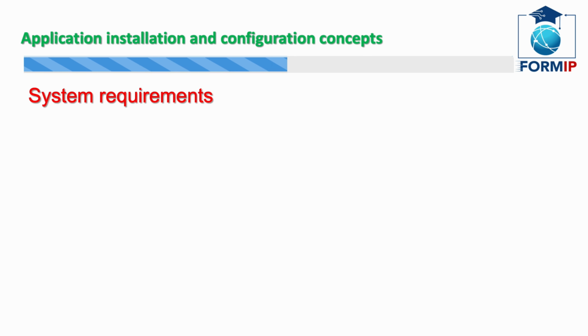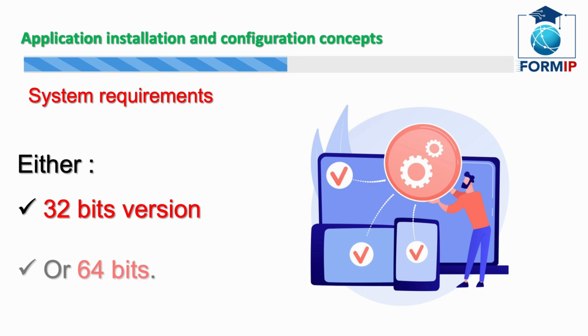After all, some applications only work on certain versions of Windows, others only on macOS, and others only on Linux. You also need to pay attention to the type of operating system processor required for the application to work properly. That is, either 32 bits version or 64 bits.